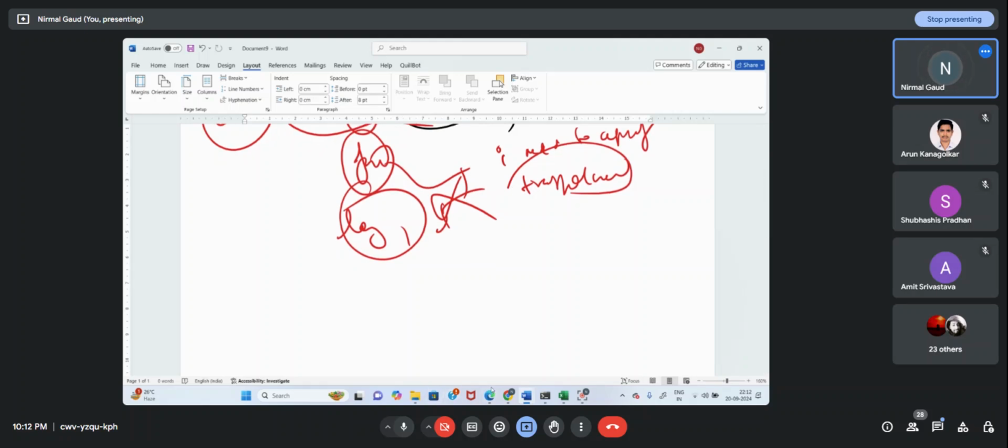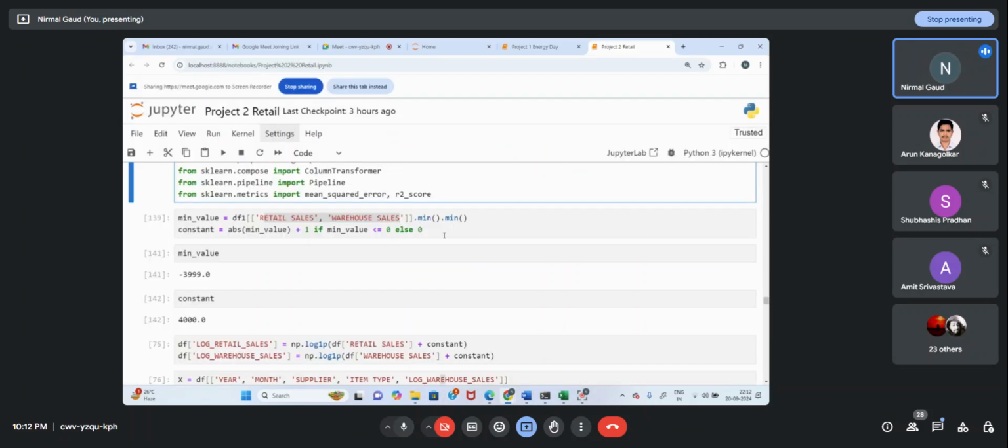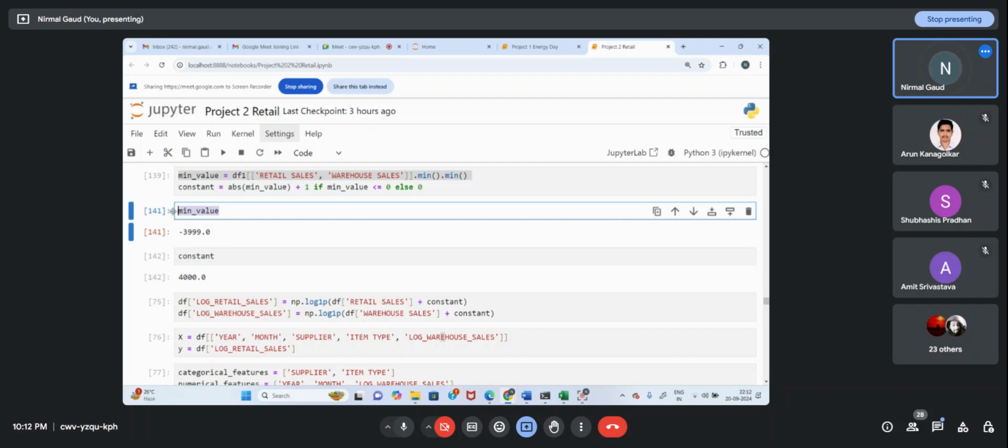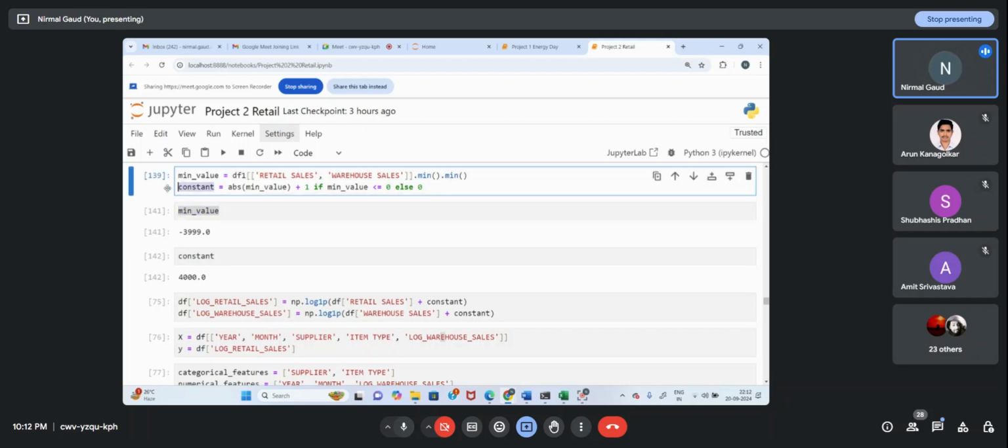Okay, so in that particular case, see here. I find the minimum value. The minimum value for them is -3,999. Then I found a constant. That means take the absolute of the minimum value and add 1 to it, if the minimum is less than or equal to 0.